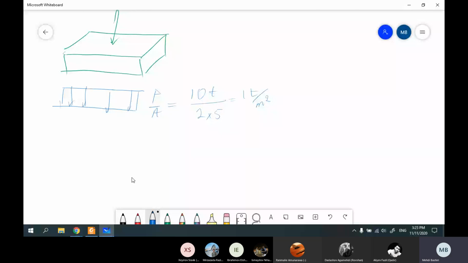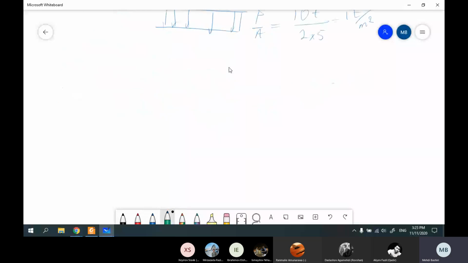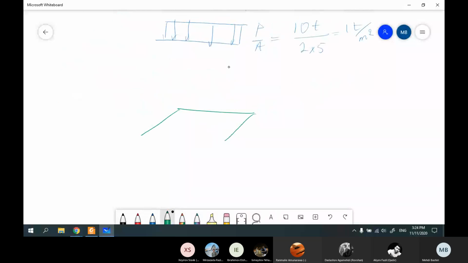The next case would be pure bending. In this case, all we have is a moment, clockwise. What is the magnitude? 10 times 0.2, P times ex, and the answer is 2 ton meter.